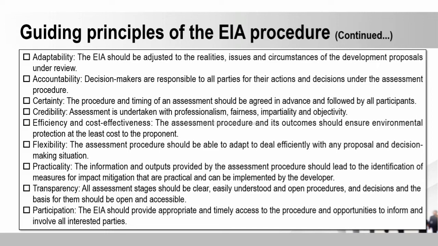So it is very important that all stakeholders involved in the procedure and assessment of EIA should be involved or should be given respective designations or respective obligations and roles in the process.